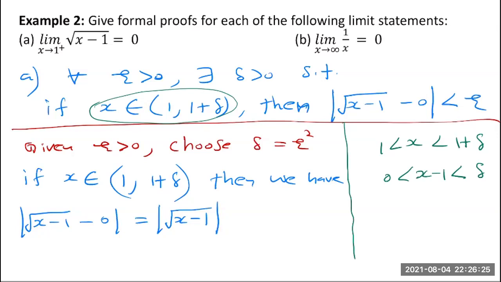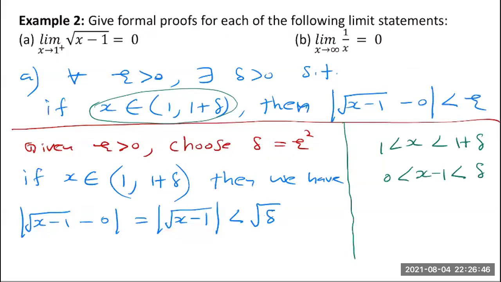But now I know that my delta is greater than x minus 1, so I can put a bigger thing here. So this should be square root of delta, which should be bigger than the square root of the absolute value of x minus 1, right?